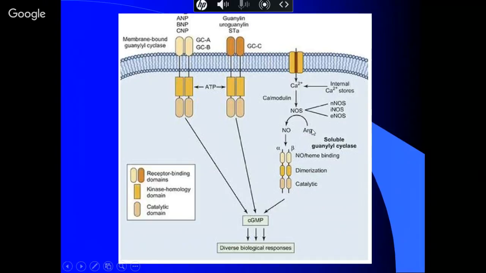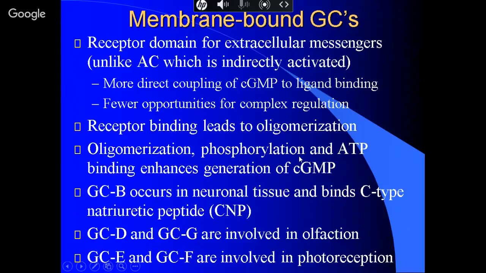This is your nitric oxide sensitive soluble form, which is analogous but a little bit different. Instead of a receptor, you have the NO sensor, which is basically a heme group. We'll come back to it. The receptor domain is for extracellular signaling. We've been through this.